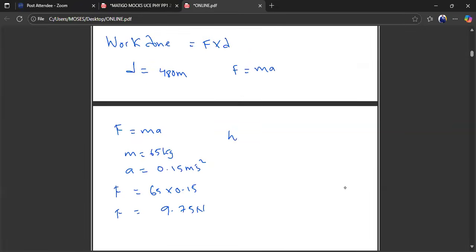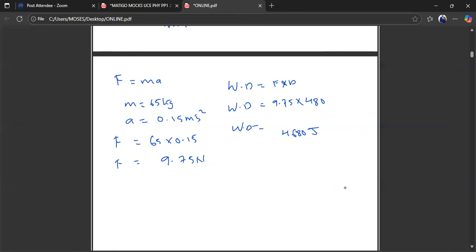Now we come and get our work done, which is force times the distance. My F is 9.75, and the distance is given as 480. Times 480, I am coming up with work done of 4680 joules. That is the work done during braking.